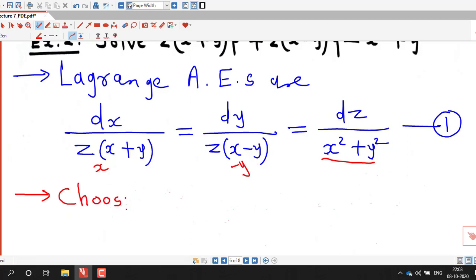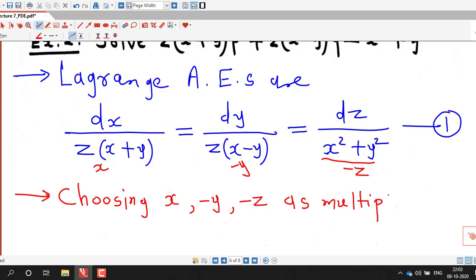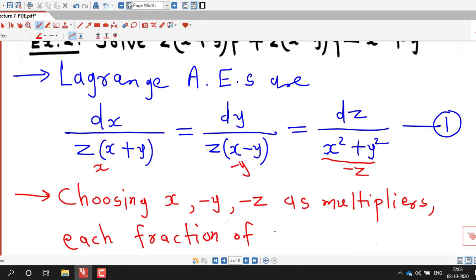So choosing x, minus y, minus z as multipliers, we will have a new fraction which will be equal to each fraction of equation 1.